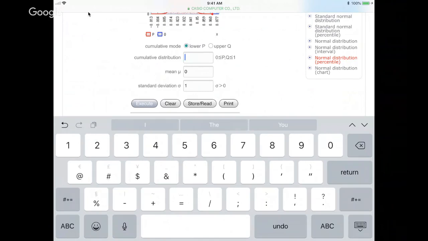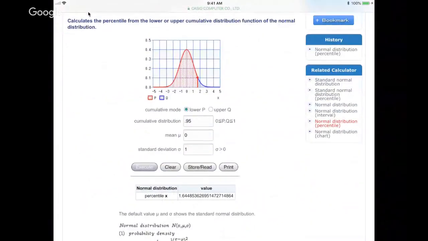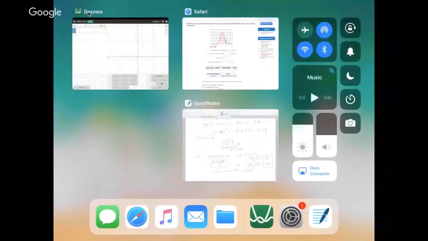In other words, if my standard deviation is 1, how many standard deviations do I have to be above to exceed 95% of my data? There it is, 1.645-ish. So I need to be 1.645 standard deviations away.